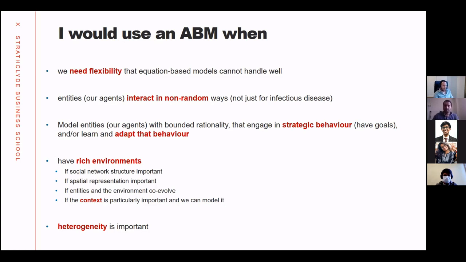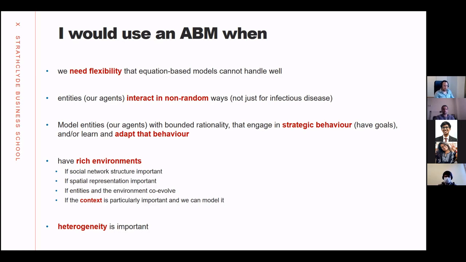Also, if we have rich environments and those are important for the outcomes of our model, say if the social network structure is important, if the spatial representation is important, if the entities in our environment co-evolve, so there's some sort of evolution of both our environment and our agents, and they affect each other. But generally speaking, if the context is particularly important and we can model it, it can be useful to use an agent-based model.